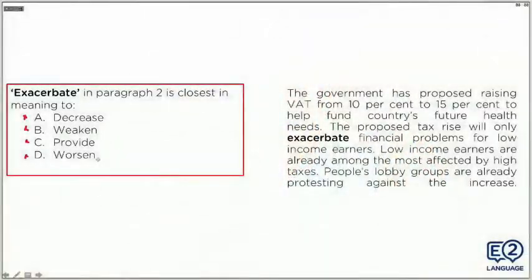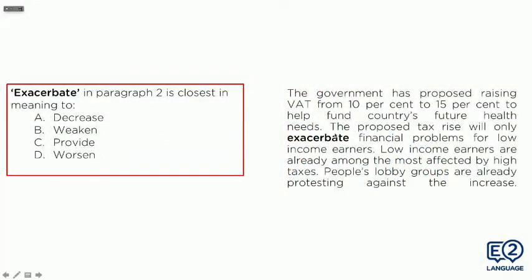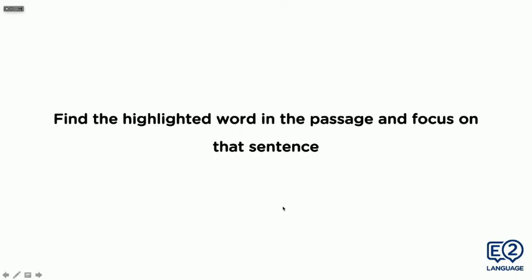Sometimes the emboldened word can be replaced by possibly 2 of the 4 answer options, or even 3 of them, and it's going to depend on the context of the paragraph as to which one is actually right. Okay, then let's go to step 2. Step 2 is find the highlighted word in the passage and focus on that sentence.